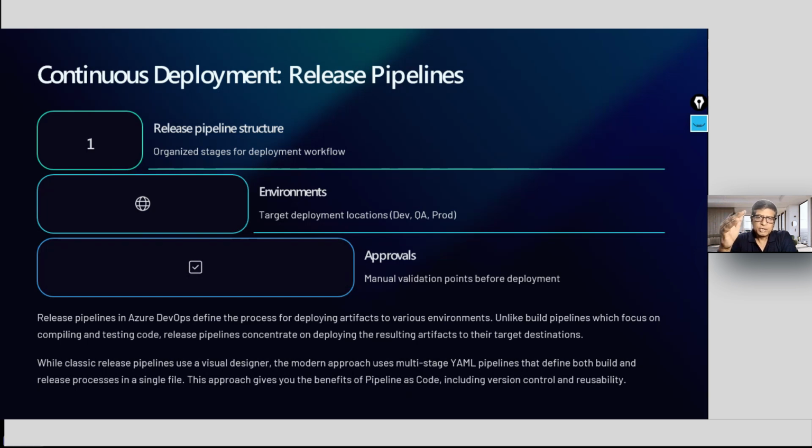It is just through your Azure DevOps software, you will make arrangements for the structure of the release pipeline, and then you will say for which environment, what are the environment variables that you want, whether it's a dev environment, QA environment, or prod or pre-prod.